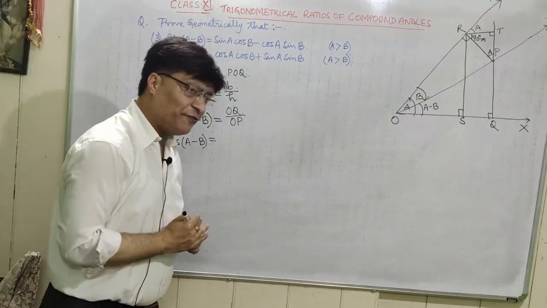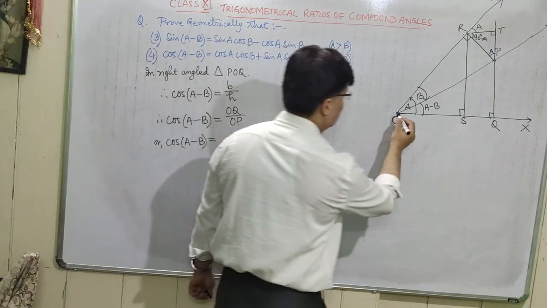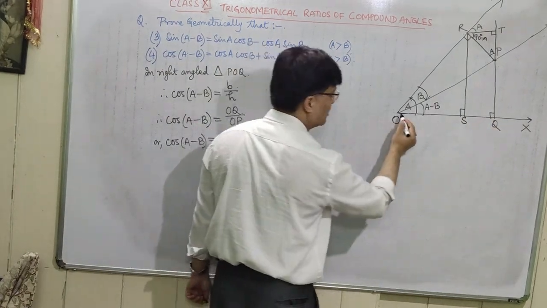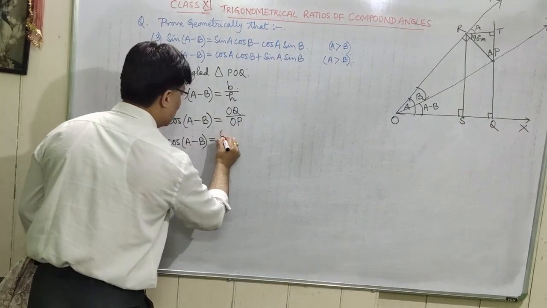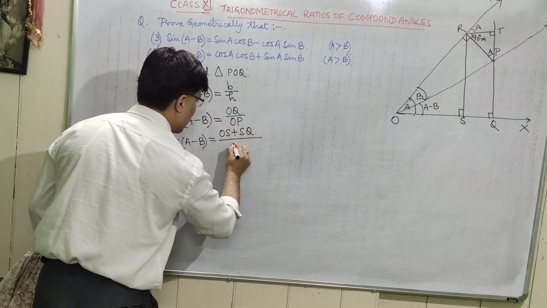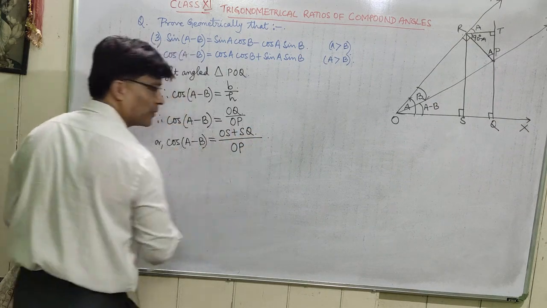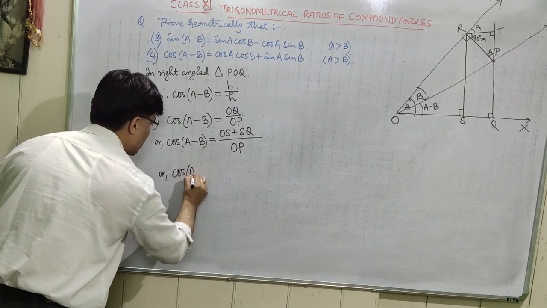Now looking at the figure, how can you write this OQ? This OQ can be written as OS plus SQ, isn't it? So let us write here OS plus SQ divided by OP, right? So in the next step, you can simplify it further.